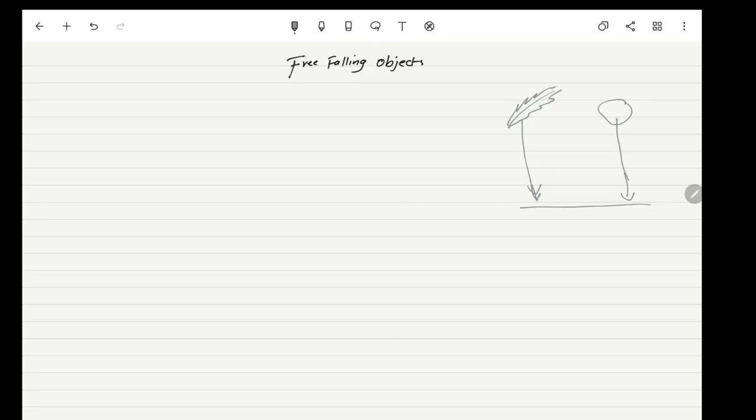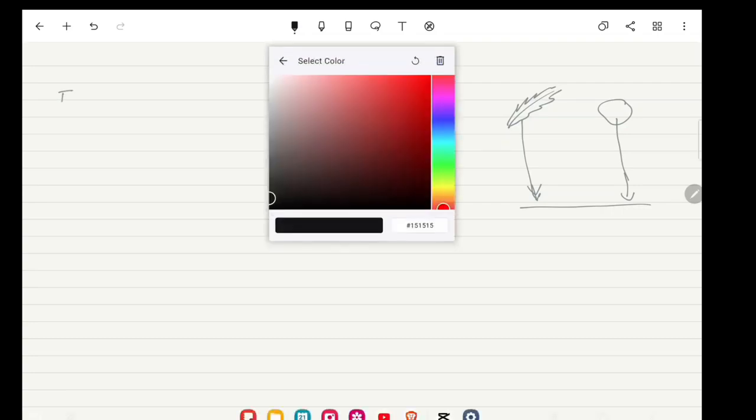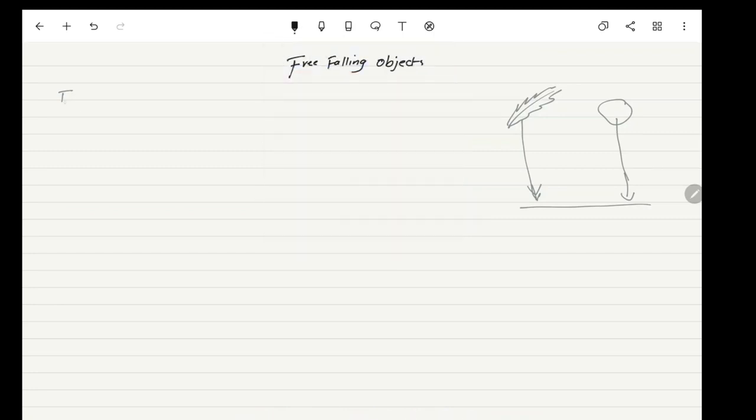Okay, so let's define free falling objects here. A free falling object is an object that is moving under the influence of gravity alone, either upward or downward.